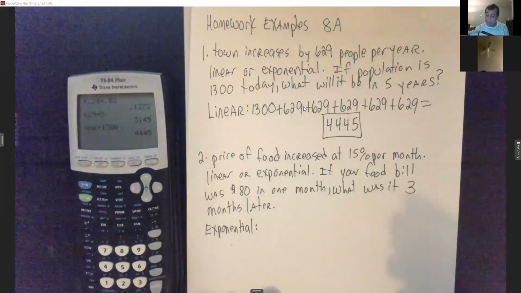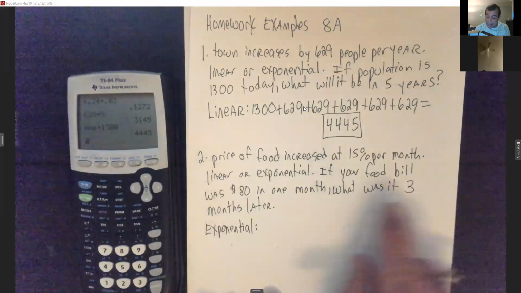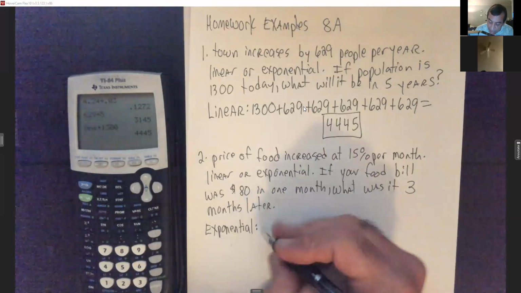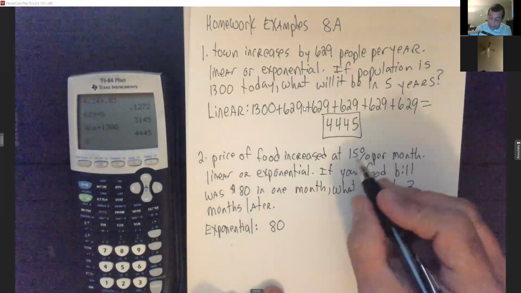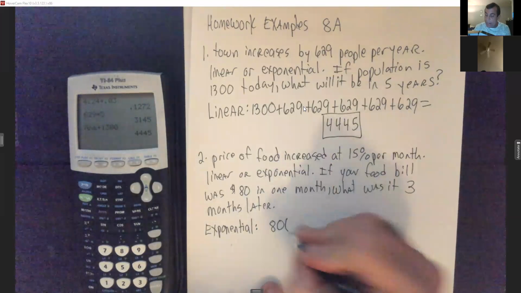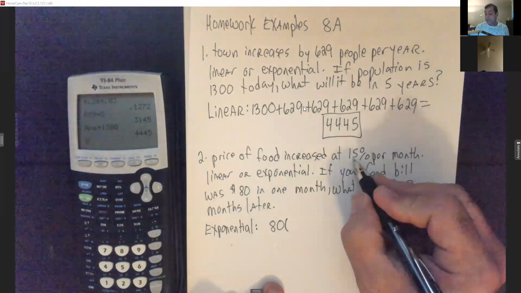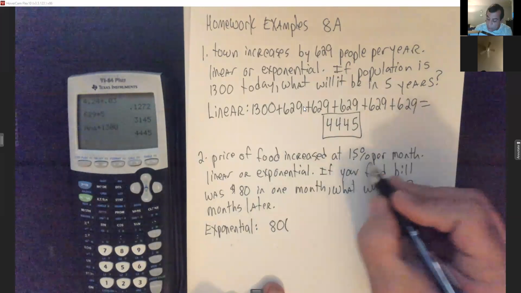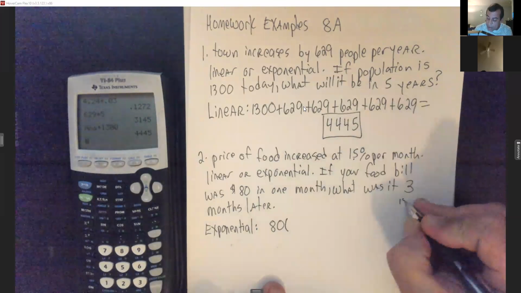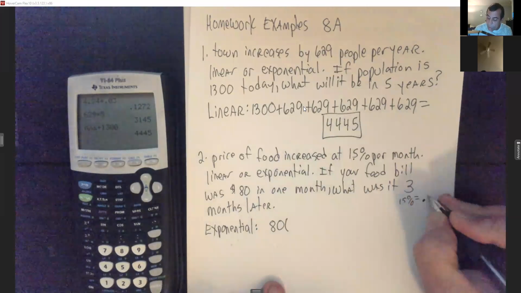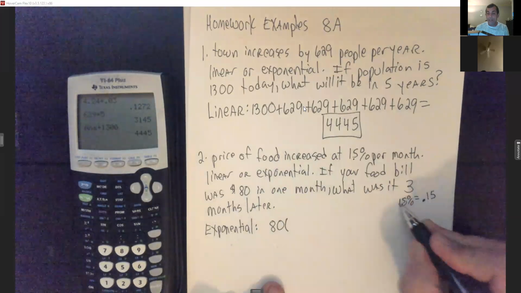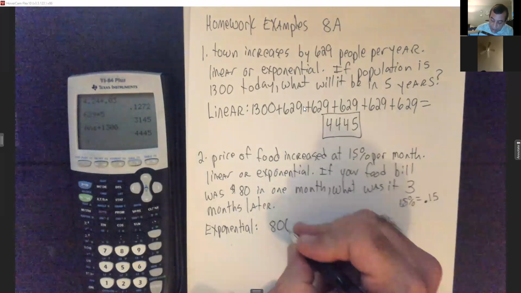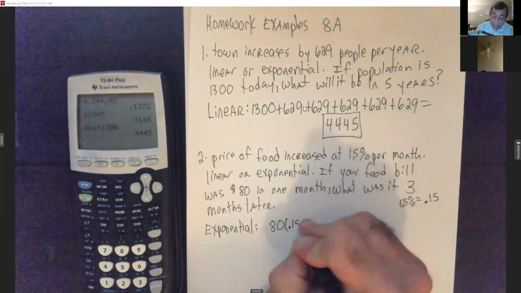So remember, to figure this out, we got to take the $80 we start with and figure out what 15% of that is. So remember, I can't do percents like this form. So we would take 15% and turn that into 0.15. So once again, just move that decimal left twice. So let's see what 15% of 80 equals.